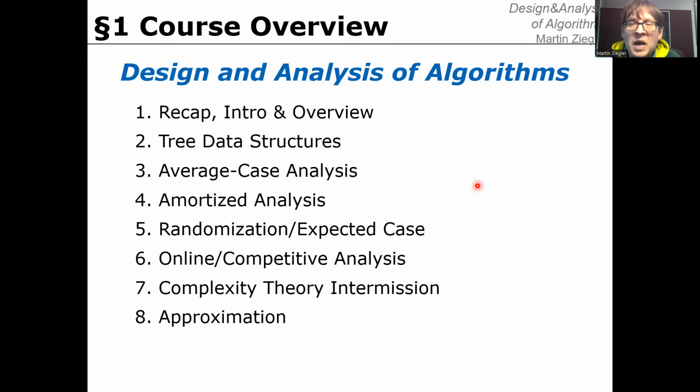Some even have approximation schemes, and others probably cannot be approximated unless P is equal to NP. Then we'll talk about parallel algorithms analyzed in parallel time. And finally, we'll talk about memory efficient algorithms. So that's the overview. That's a perspective of what you can expect in this course.